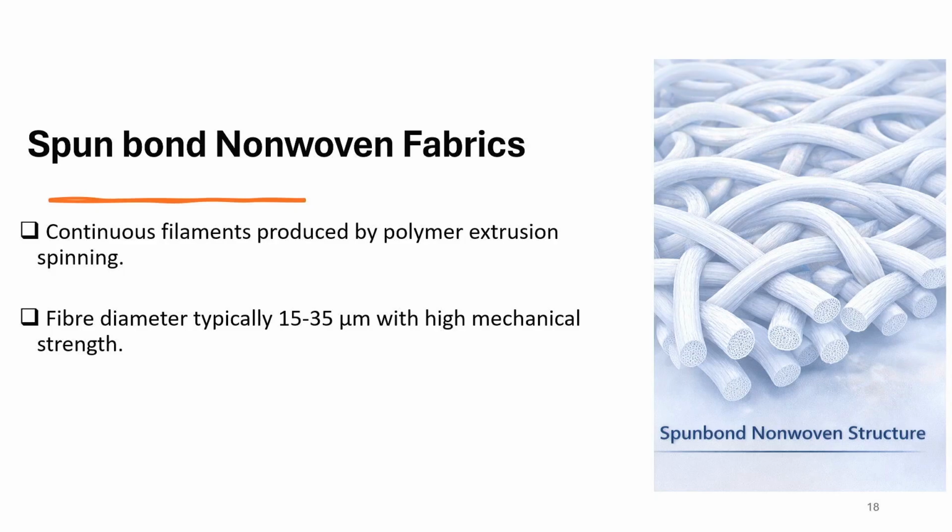Fiber diameter is a little coarser, 15 to 35 micron, but it gives higher mechanical strength. Melt blown, due to its finer diameter, has typically lower strength. So, that is why the melt blown is used in a sandwich as the inner layer.